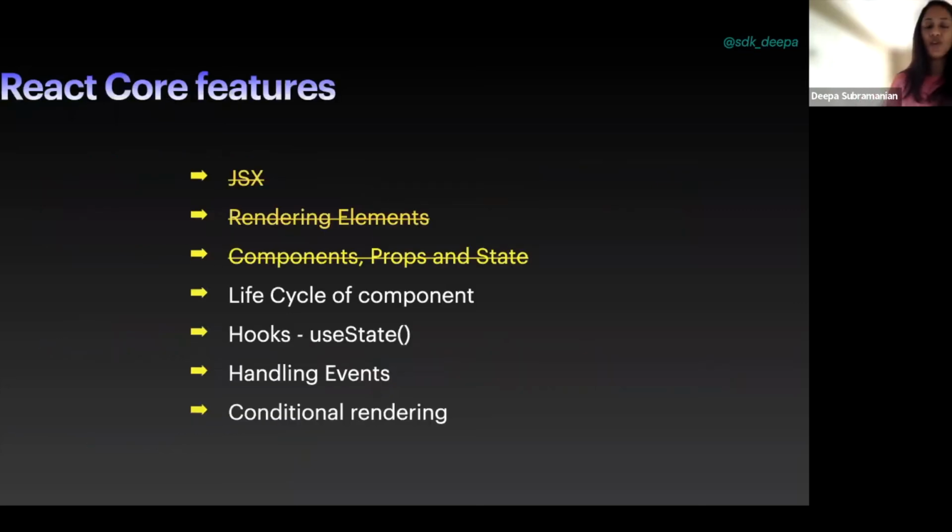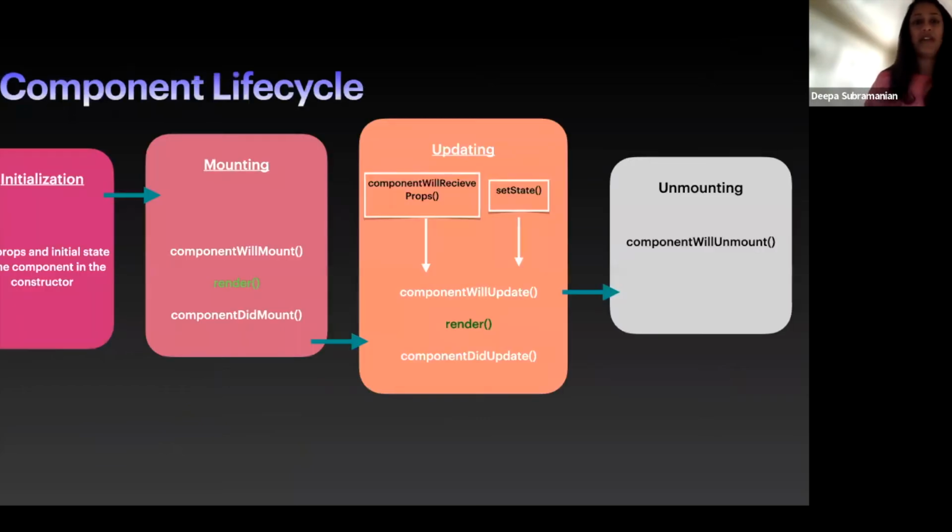Okay, so far we talked about JSX, rendering elements, components, props, state. So now let's go ahead and see what is the life cycle of a component. There are 4 stages: initialization, mounting, updating, and unmounting. The green ones that are here are from React DOM methods, but the other ones are from React methods.